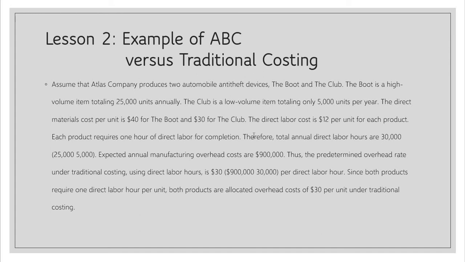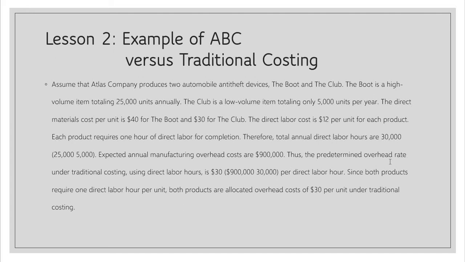So, direct labor naman is 12 per unit for each product. Each product requires 1 hour of direct labor for completion. Therefore, total annual direct labor hours are 30,000. Okay, so 25,000 plus 5,000. So, expected annual manufacturing overhead cost is 900,000.